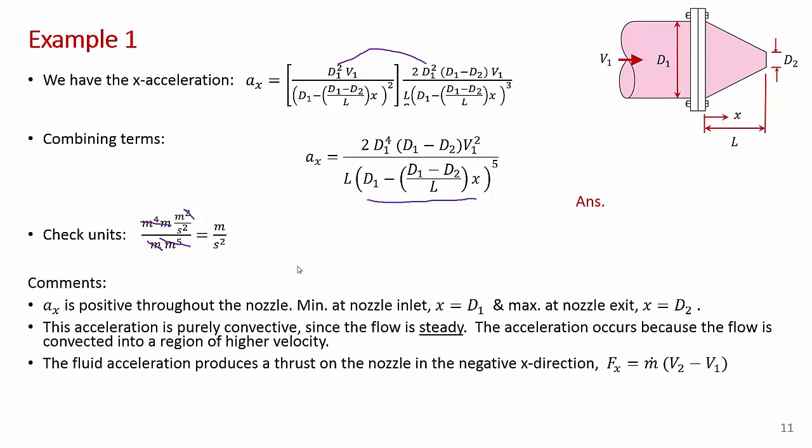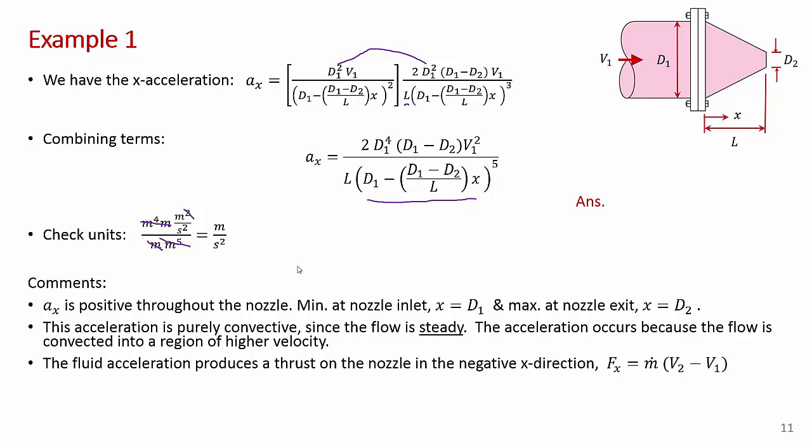I'll end this example just by making a couple of comments. If you look at this expression, you'll see that the acceleration is positive throughout the nozzle. If you try evaluating it, you'll see that the minimum acceleration is at the inlet to the nozzle at d1, and the fluid acceleration increases to a maximum at the exit plane d2. I mentioned previously that this acceleration is purely convective.